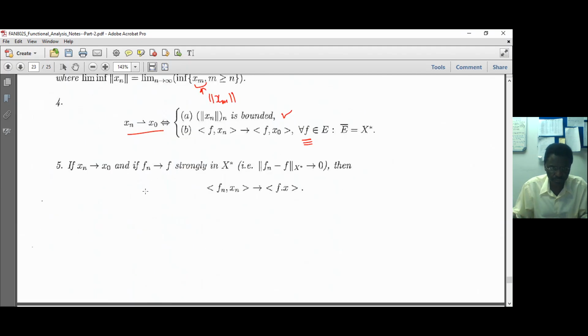And finally, if xn converges strongly towards x0, and if fn... you see here, xn are elements of capital X, and these ones belong to the dual. So we have xn in X converging strongly to x0, and fn in x star converging strongly to f.